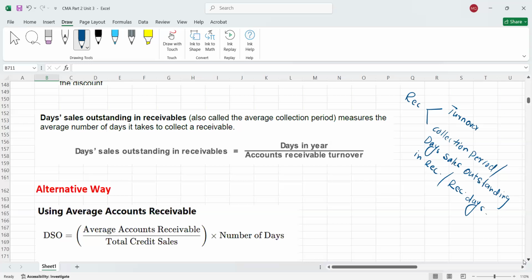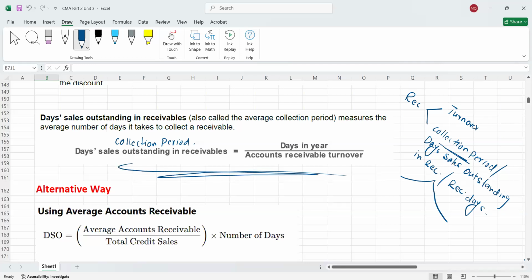Now here, guys, if you want to calculate the collection period, we got two ways to calculate it. This is the first way, the first formula which is written here.